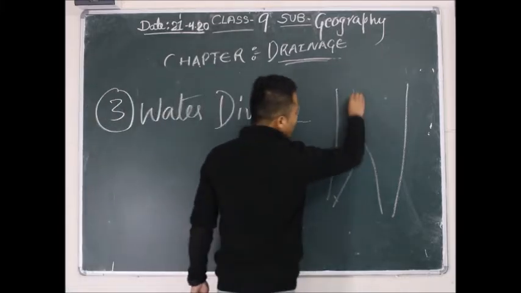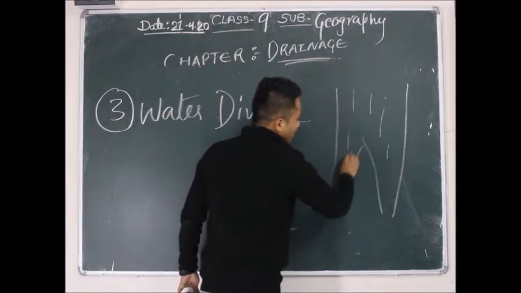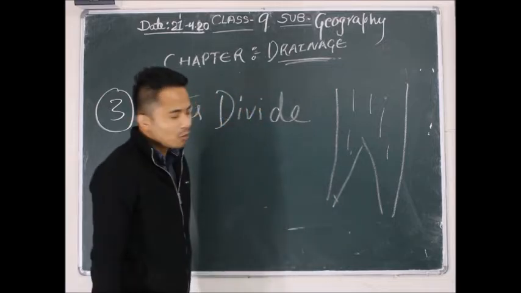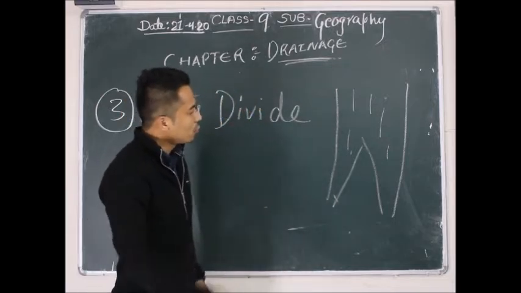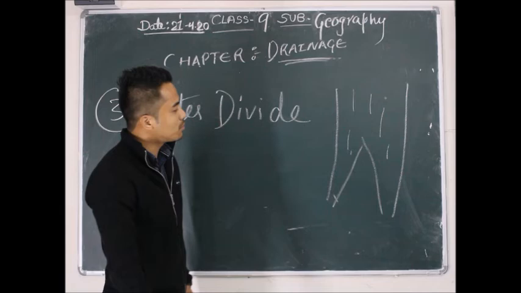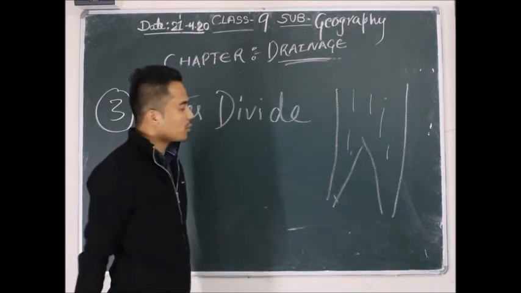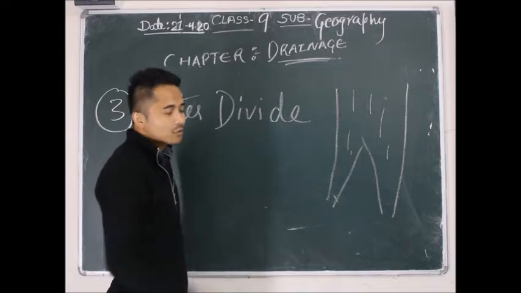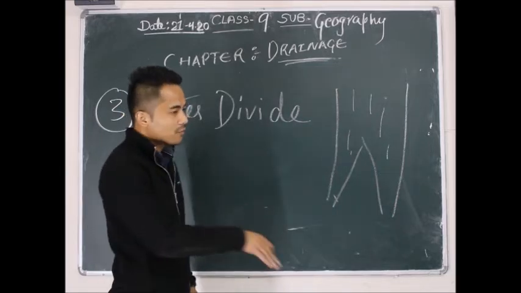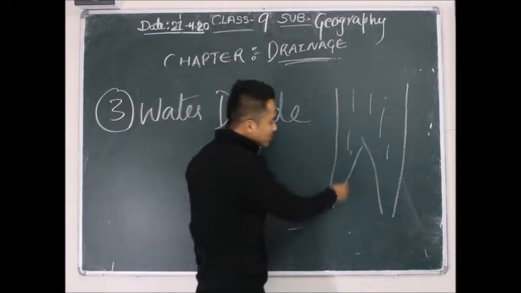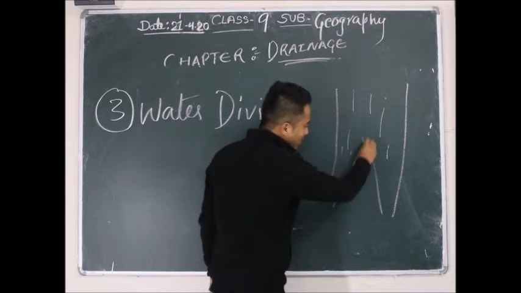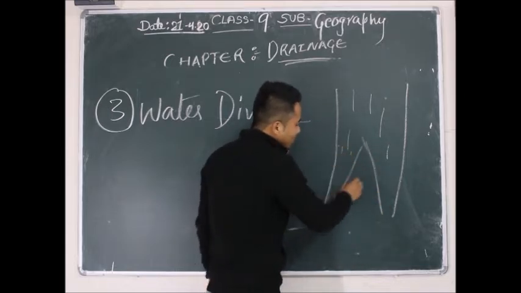Due to the mountains where hard rocks are present, the river can't erode those mountains, or flow upwards. Listen, the river usually flows due to gravity, so it flows downwards.